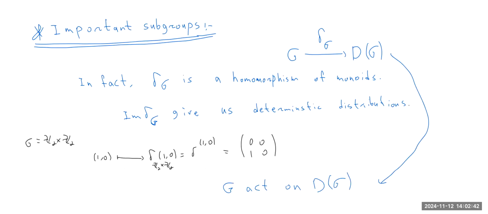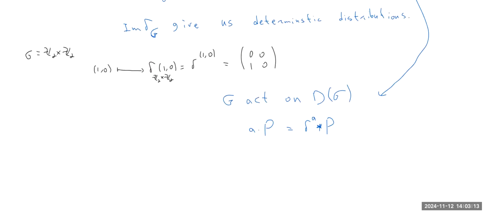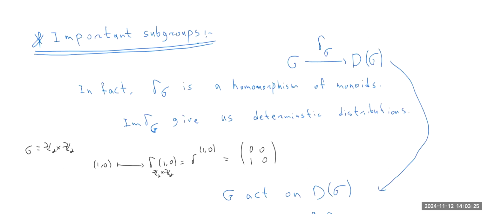By taking an element from G, by this A, and if I take a distribution P, the action will be the product of the delta distribution with P, the convolution product. This is important for later. So this is the action of the image of G inside here. Inside this we have the deterministic distributions, which form a group, not only a monoid.